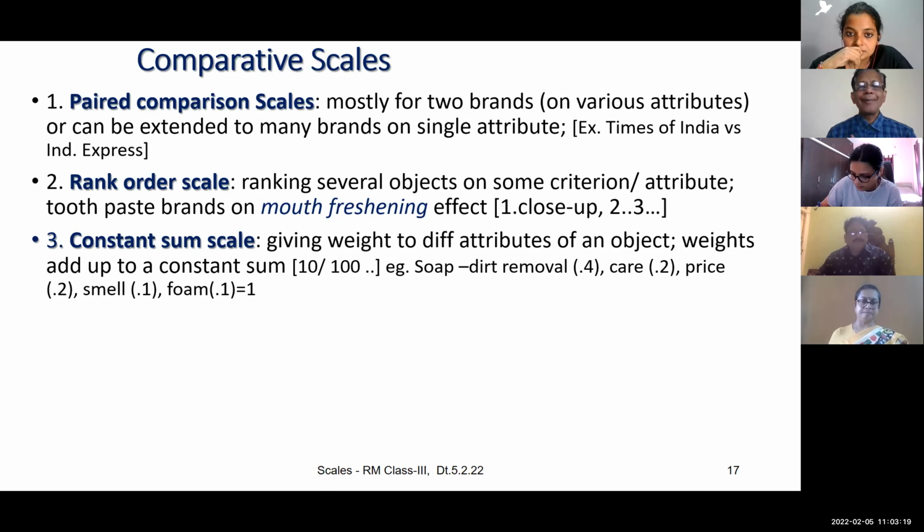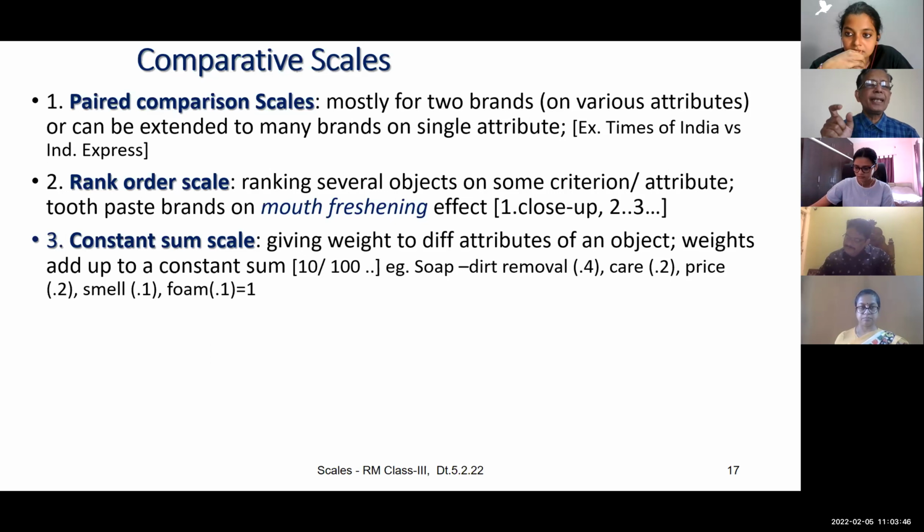Suppose you are rating different brands on different attributes, and hope you will agree all attributes will not be equally important. Suppose price, it could be more important for some consumers. Okay, life, it could be relatively less.